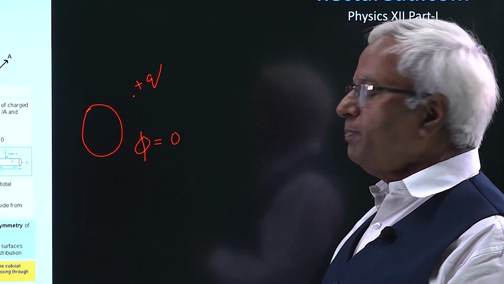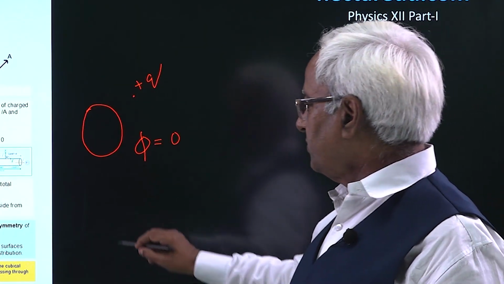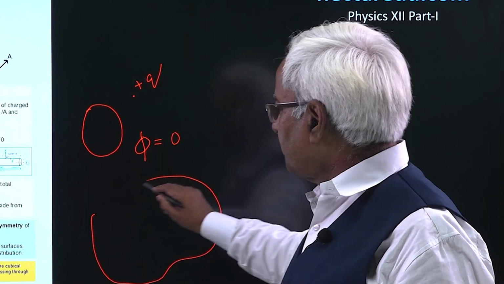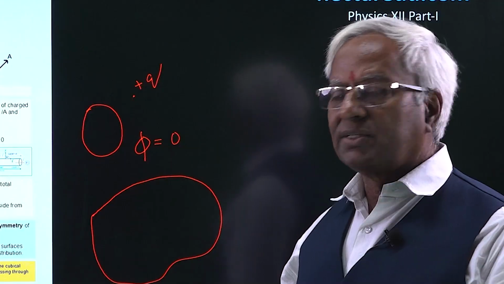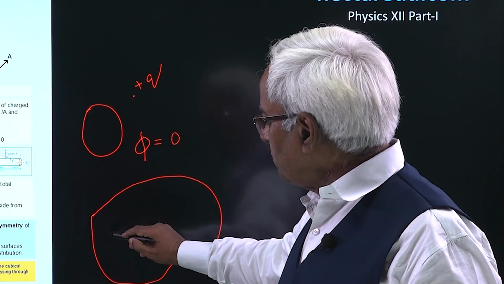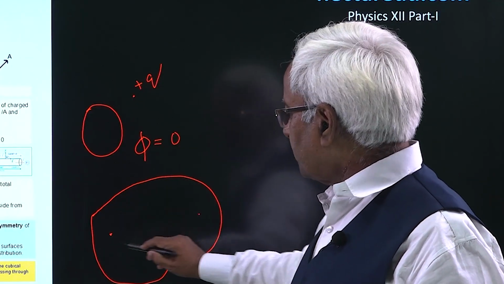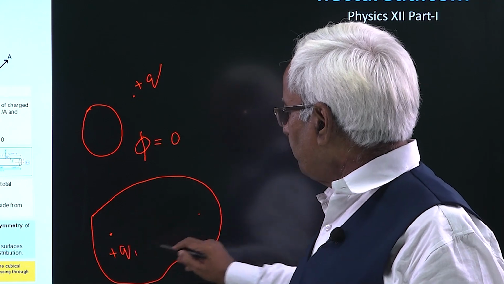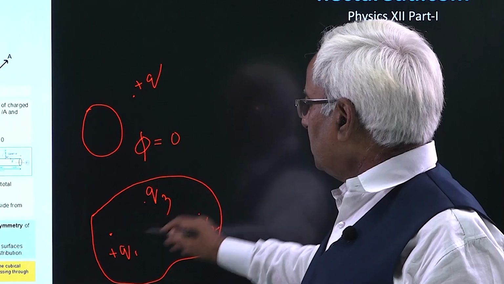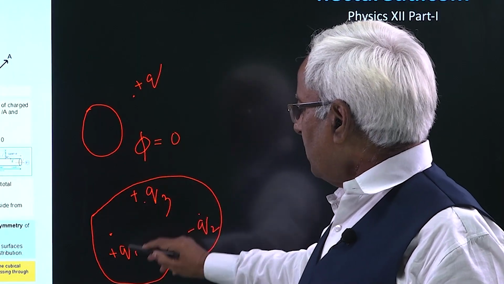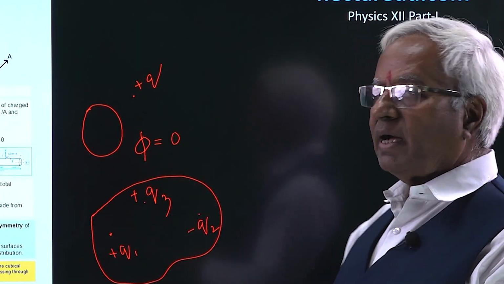One more precaution regarding this theorem is that within the surface, you need not bother about the geometry of the charges, how they are distributed within the surface. It's not material. Simply, we have to take the algebraic sum. For example, I consider here 3 charges: plus Q1, plus Q3 and minus Q2.